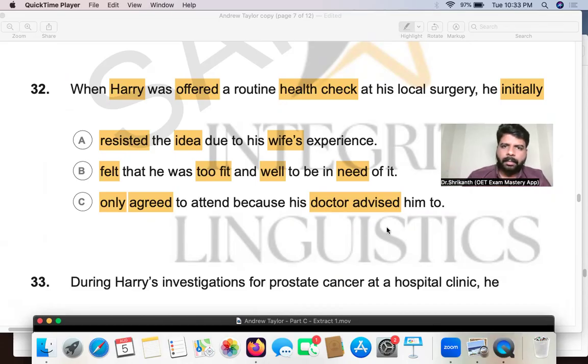But he promised his family he'd look after himself. His wife had died of ovarian cancer some years before, so he felt obliged to go. It was during his appointment that, based on a few symptoms he mentioned, Harry's doctor decided that he'd need further investigation for prostate cancer and referred him to a specialist clinic at the hospital.